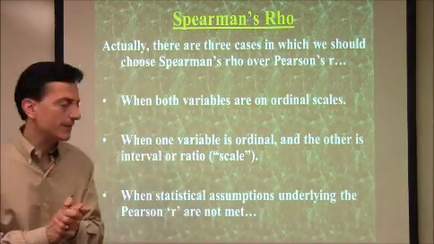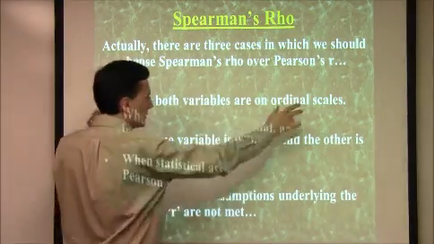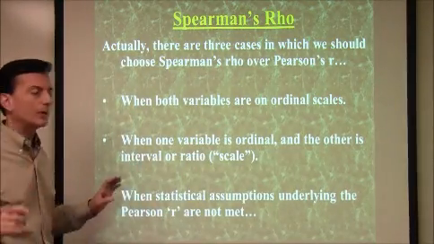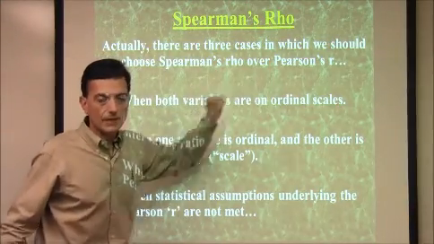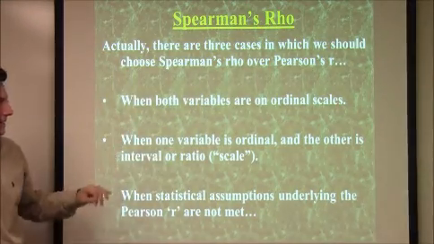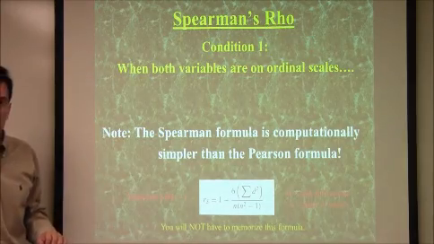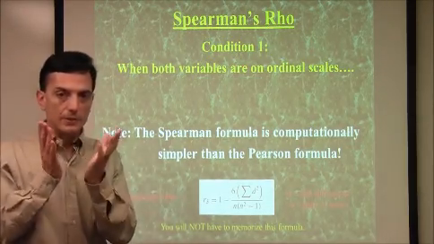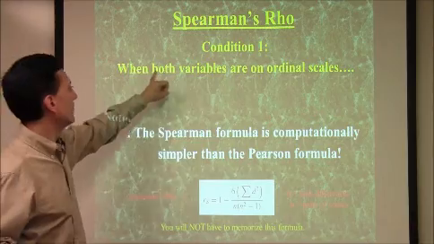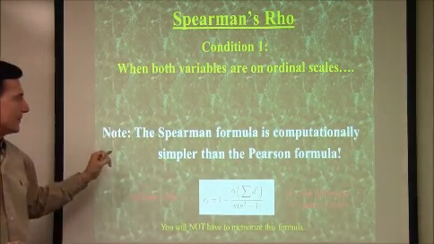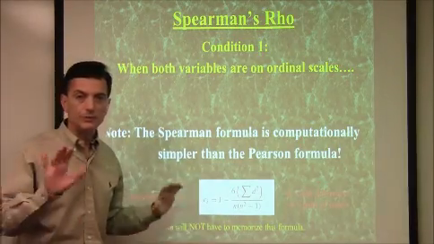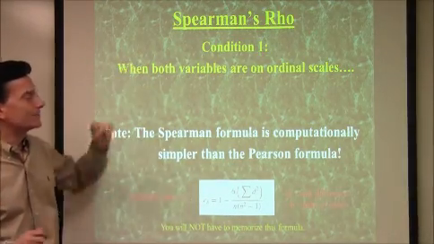But what I'd like to do now over the next 3 slides is just say a little bit more about each of these 3 conditions for which we would prefer the Spearman over the Pearson. Okay, so let's see if we can get into this first idea about ordinal variables. So again, we prefer Spearman over Pearson when both variables are on ordinal scales. Okay, and to say just a little bit more about that, here's the formula that you don't have to memorize for the Spearman's rho.